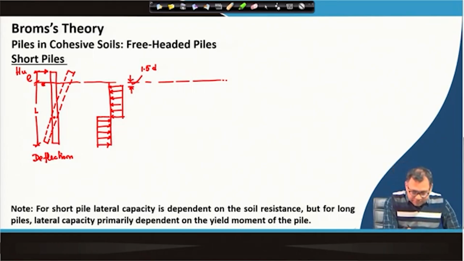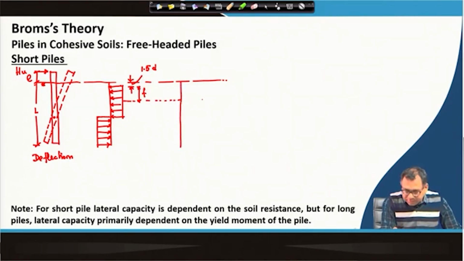And this is the pressure distribution diagram. So, this is the point at a distance of f, where the maximum bending moment within the pile is observed. So, the maximum bending moment will be at the point f. After that it will go like this.